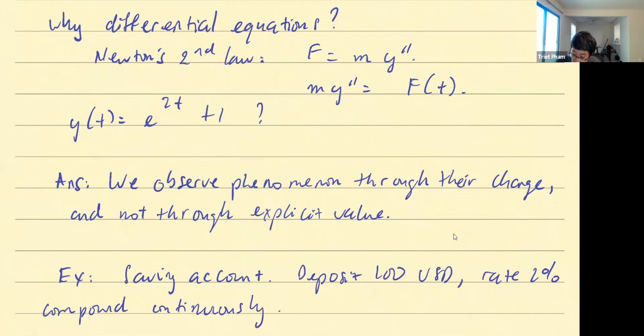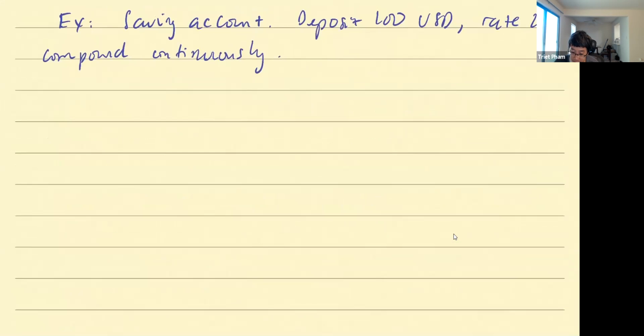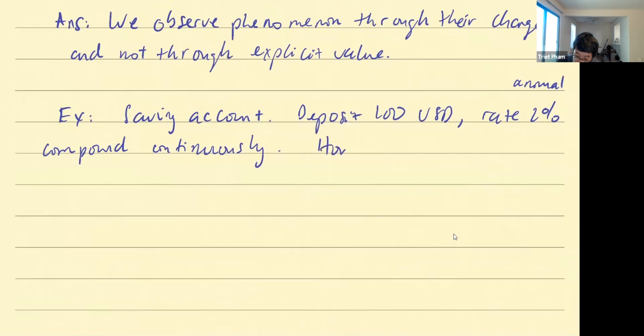So 2%, this is the annual rate. And how much do you have by 1 year? Now I know this is a routine question that even a freshman student in a non-calculus class knows how to do. The answer is 100 e to 0.02.